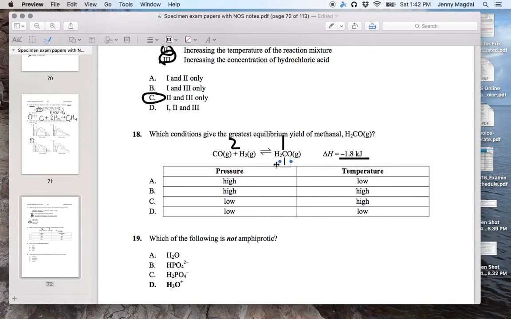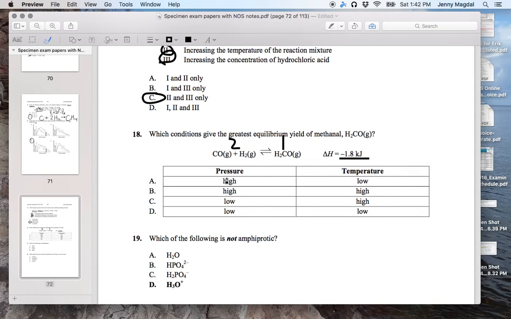Okay, now I can start looking at my chart and figuring out what combination would give me the maximum yield of the H2CO, methanal. Remember, al stands for an aldehyde, and meth because I've got just 1 carbon. After that aside, let's see, we've got an increase in pressure.